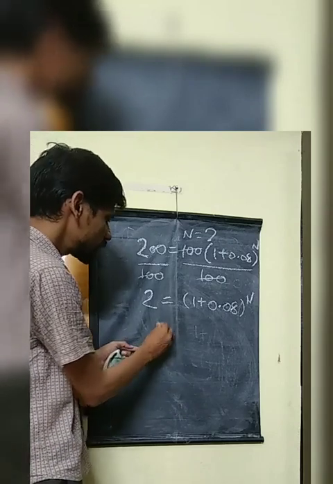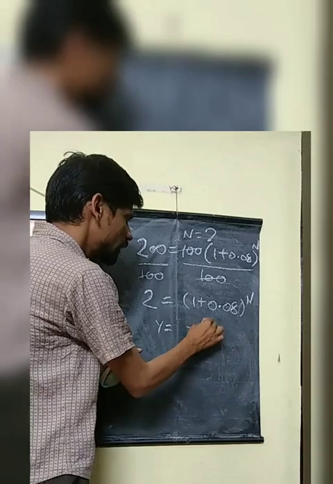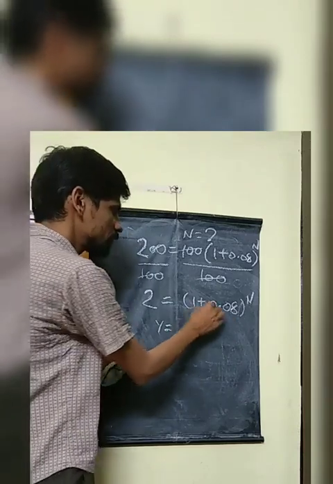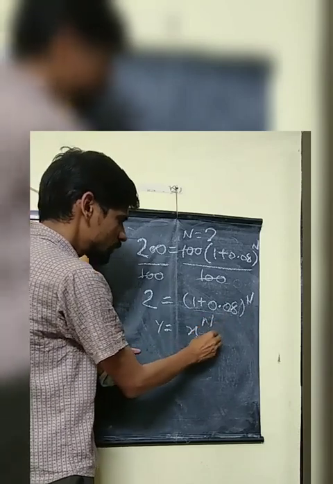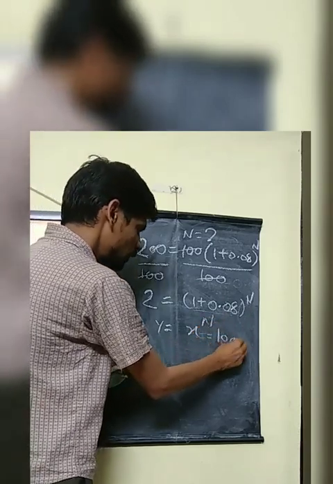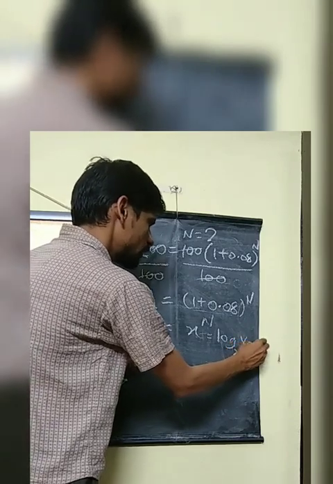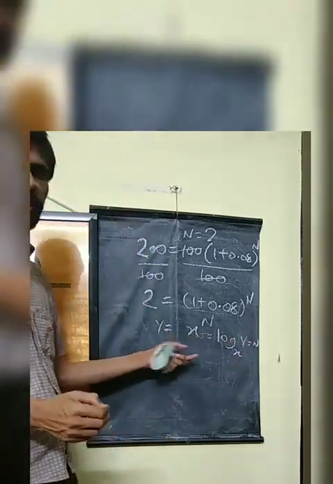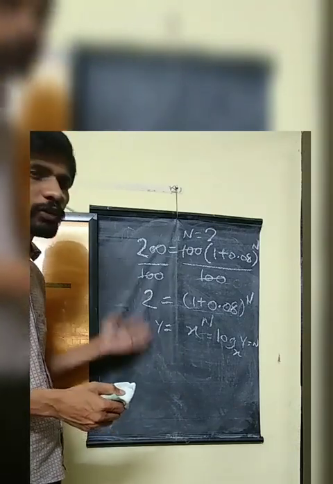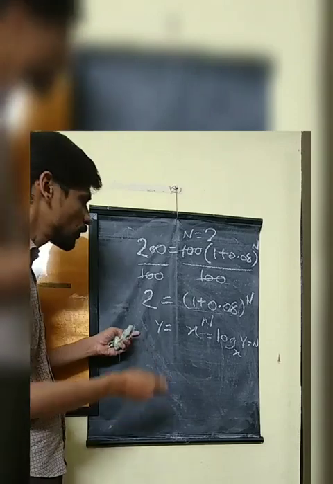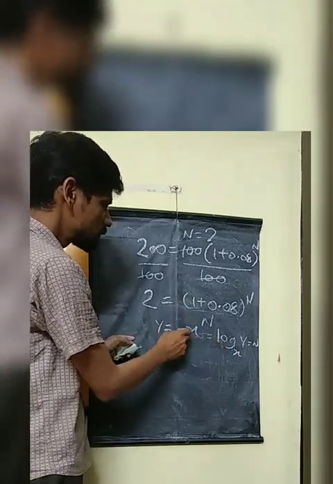So this looks like y equals x power n, right? If you see, this is x, this is n. So this can be translated in our logarithm formula as log base x of y equals n. We already learned this in more detail in our previous classes. So now let's translate it to this format.